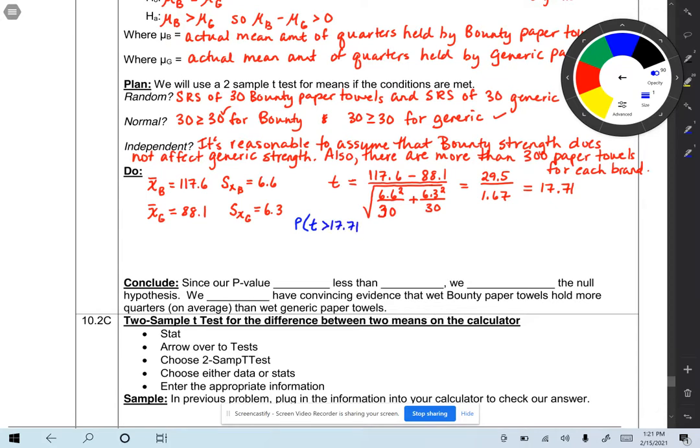So at this point, you want to find the probability that you're going to get a t value of 17.7 or greater, and greater because we look at our alternative hypothesis. So we will do a tcdf where our lower bound will be 17.71. Upper bound can be something like 100 or 1,000.